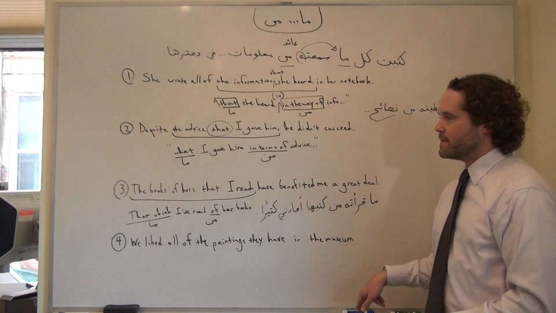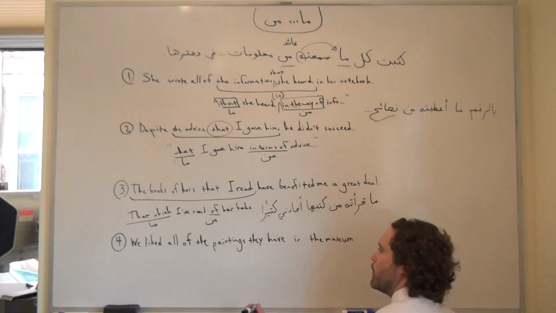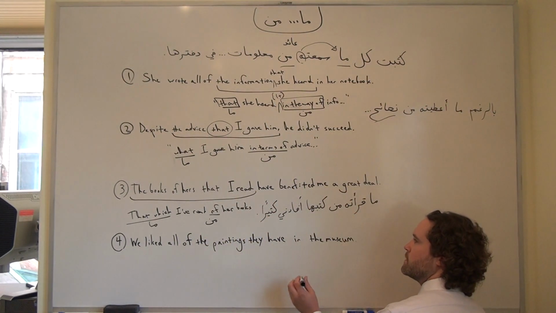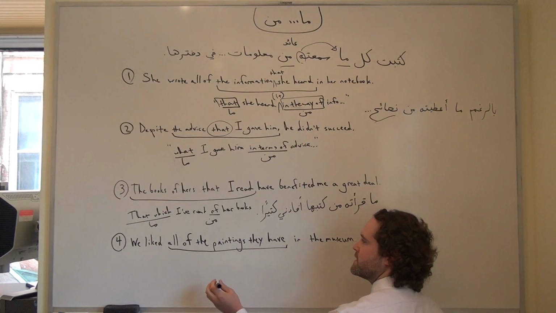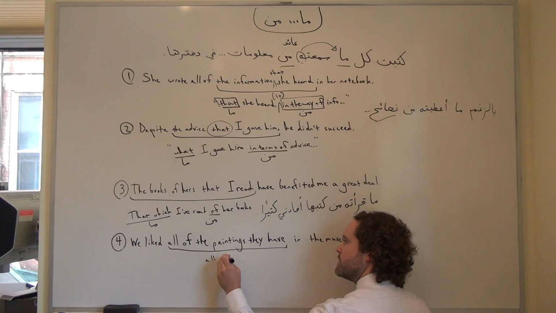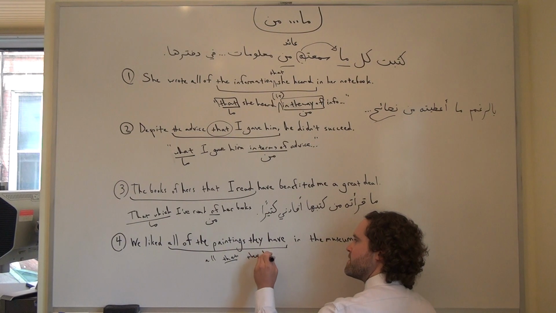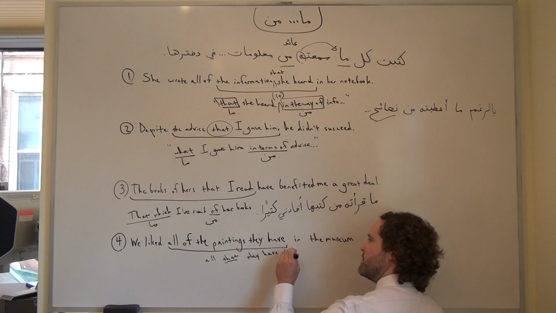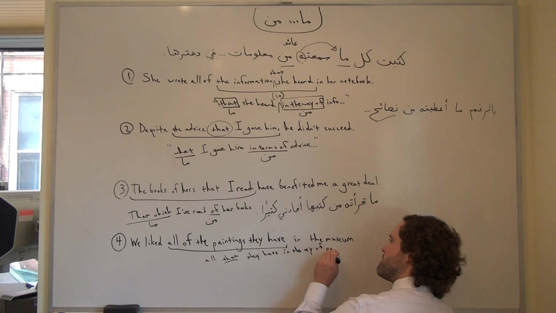Let's take one last example. We liked all of the paintings they have in the museum. So, all of the paintings that they have, we're going to need to say something like all that they have in the way of paintings.